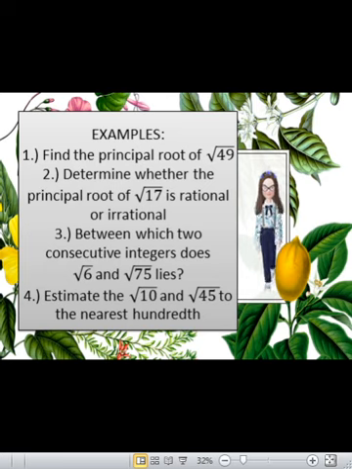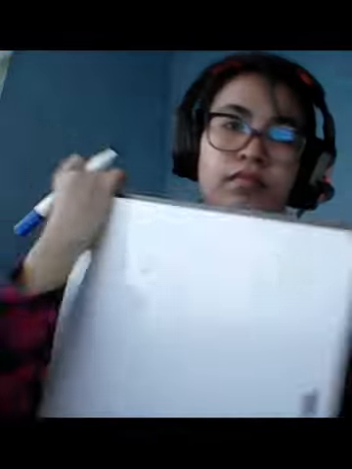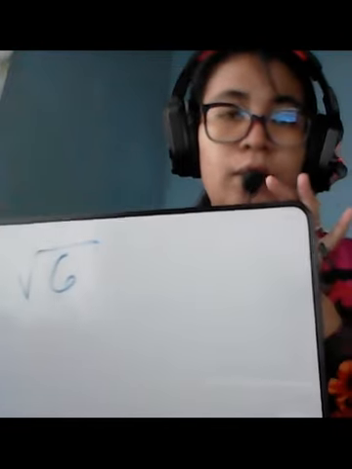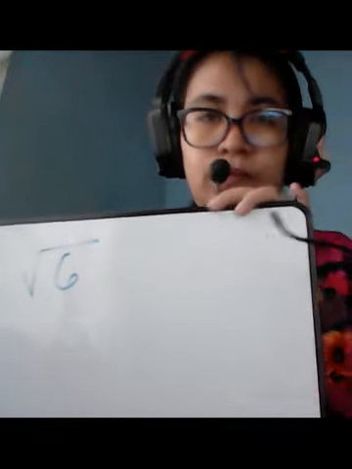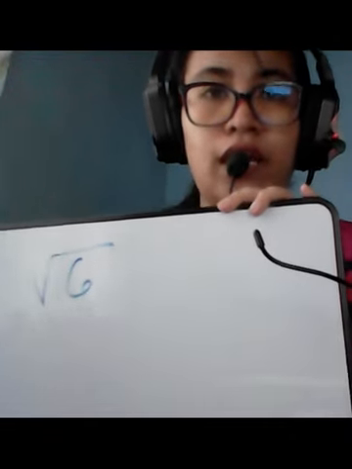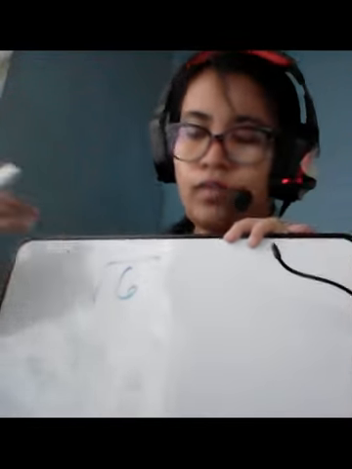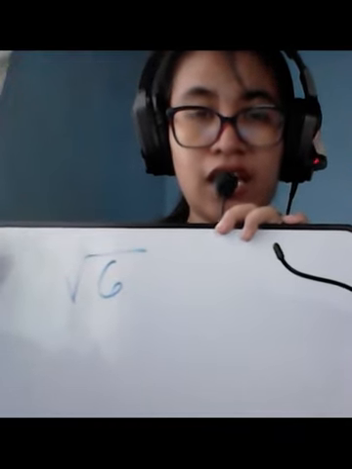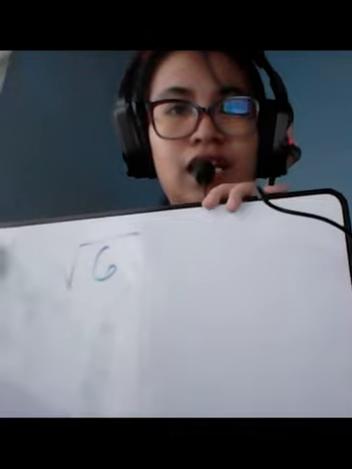Okay, let us try finding the consecutive integers that the square root of 6 lies between first. On the table that I showed you, we all know that before and after the square root of 6, we will think of a number that is less than 6 and greater than 6.